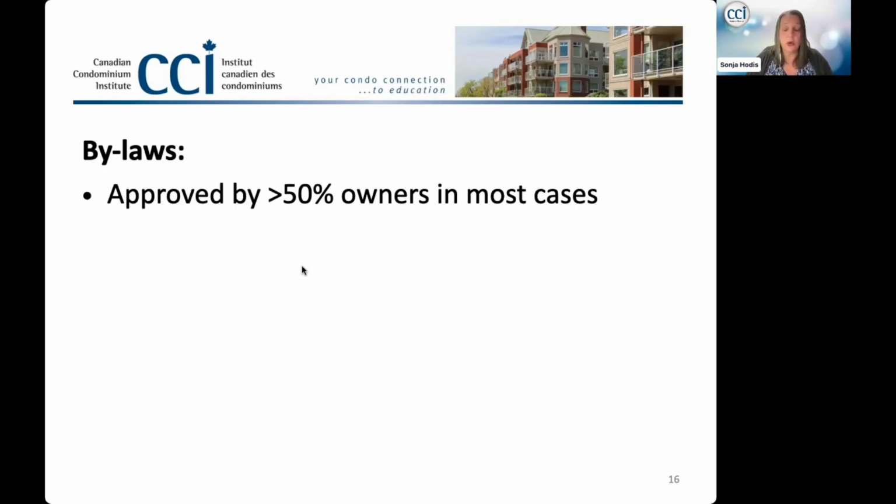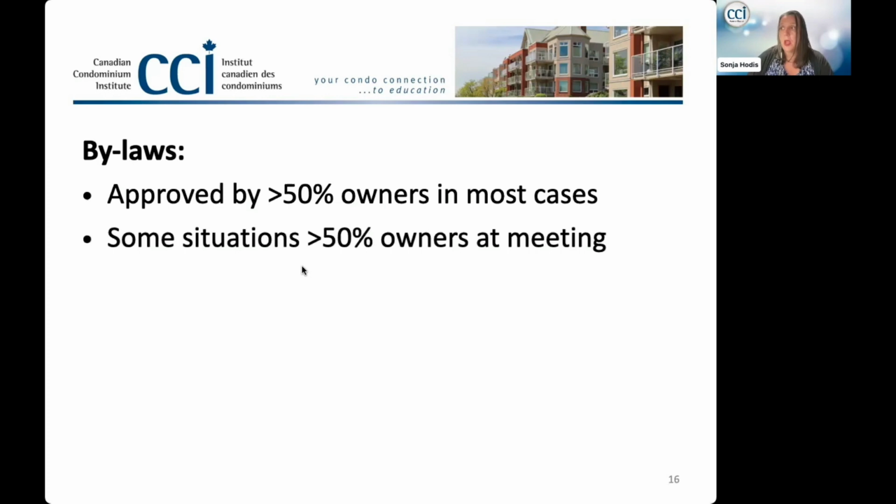For most cases, you're going to require more than 50% of unit owners to approve the bylaw in order to change it. And that too sometimes can be very difficult to get. So if you can imagine, it's hard to get 50% of owners to approve a bylaw. It's even harder to get 80 or 90% of owners to change it back.